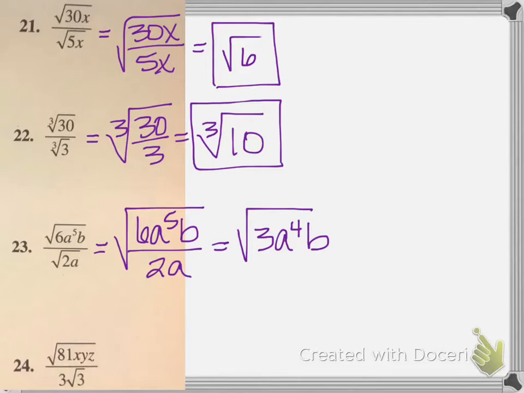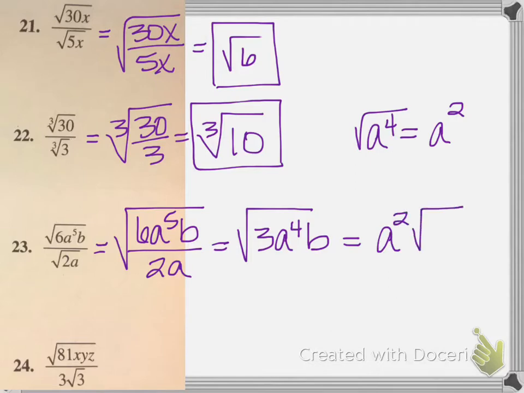Now I know that I can't take the square root of 3 and I can't take the square root of b, but anytime I have an even exponent, I can take the square root of that. So since the square root of a to the 4th is a squared, I can pull out the a squared, and that leaves me just a 3 and a b.